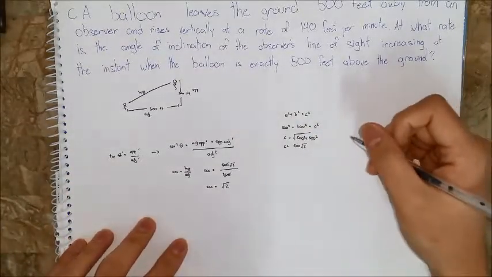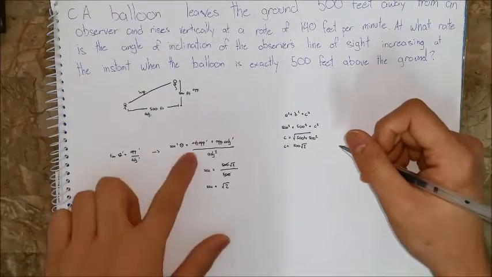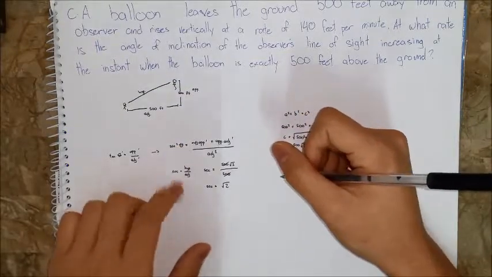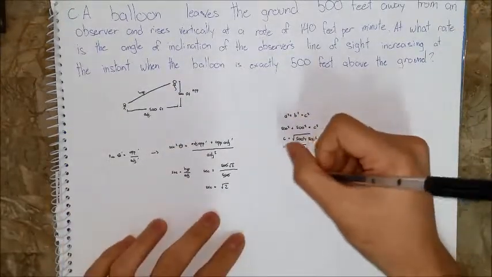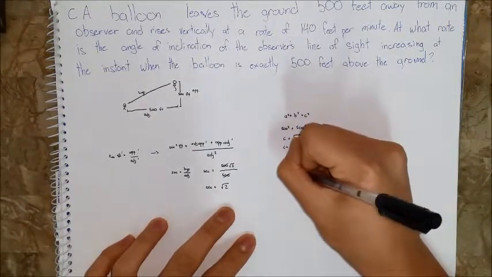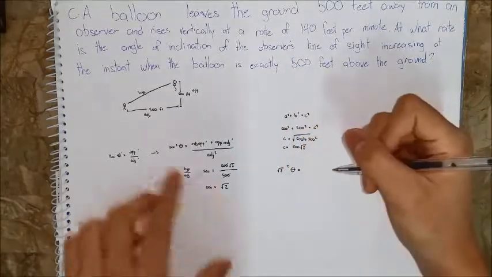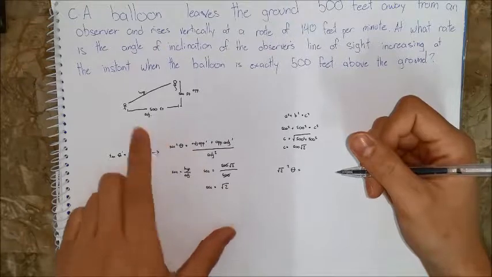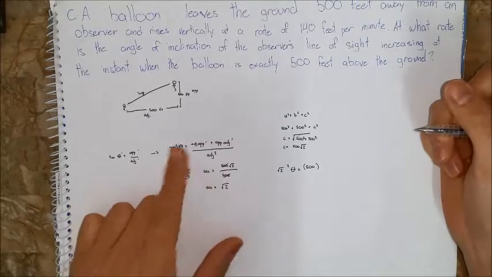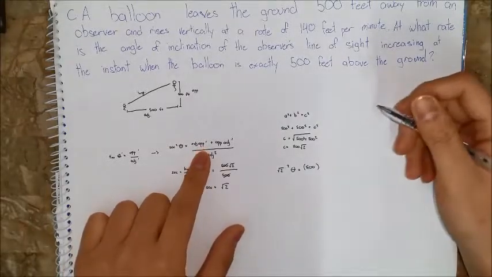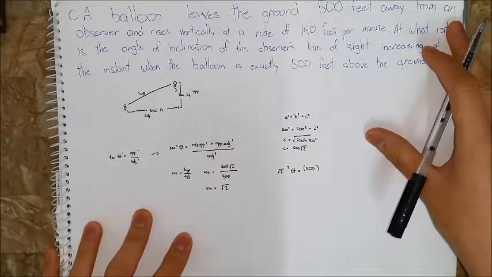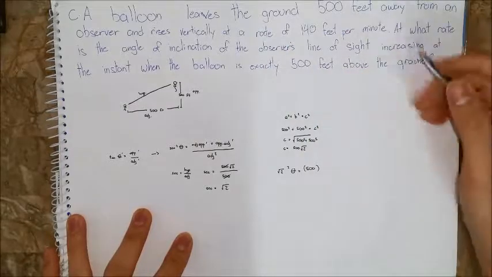So moving on to this formula, we can now input the values. Secant squared theta equals adjacent, which is 500, times the change of the opposite, or opposite prime. To find that, it is just in the question.